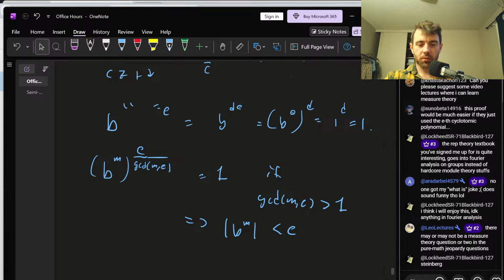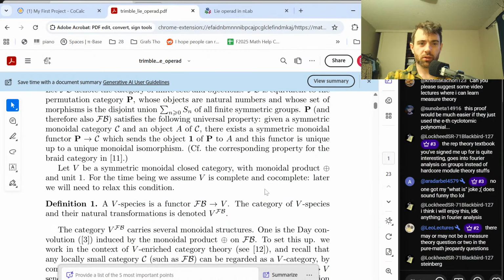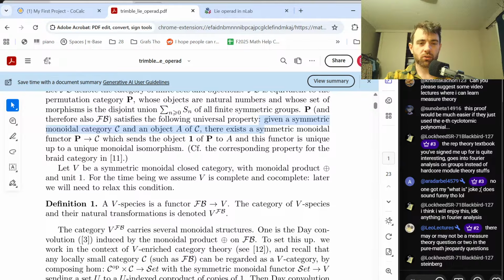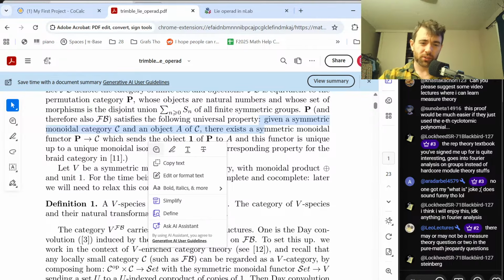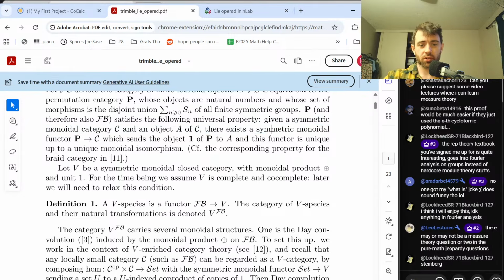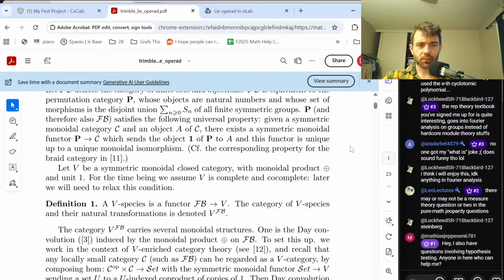Okay, where were we? We were reading about operads over here. Anyways, this satisfies a universal property: given a symmetric monoidal category and an object A of C, there exists a symmetric monoidal functor which sends the one object of P to A, and this functor is unique up to unique monoidal isomorphism.